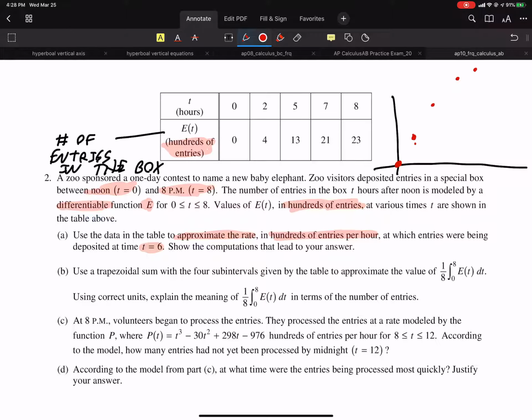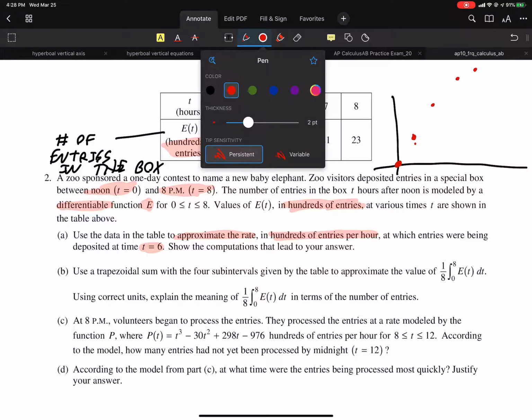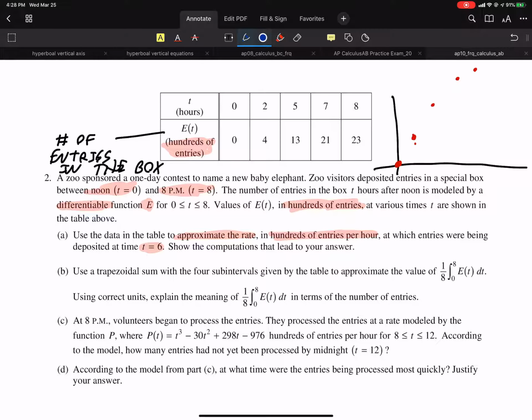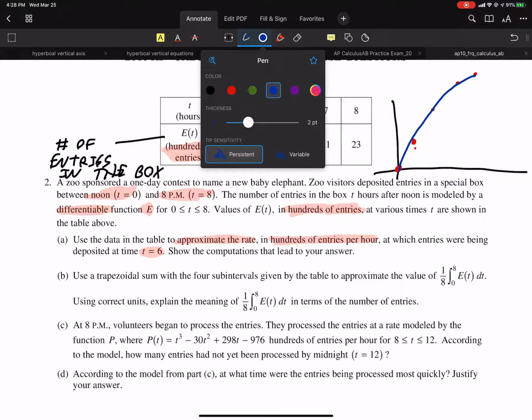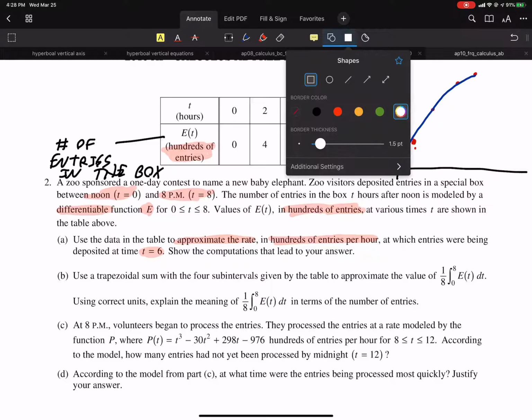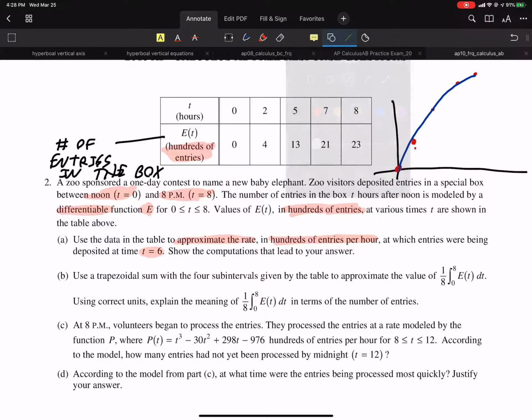Now, I don't even know if it looks like this, but it doesn't matter. I just want you to get a kind of a visual of what it looks like. So I'm just making something up. And they want us to approximate the derivative at, what's it, 6? So 0, 2, 5. So 6 is right there.